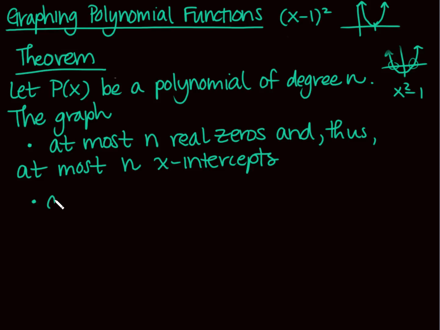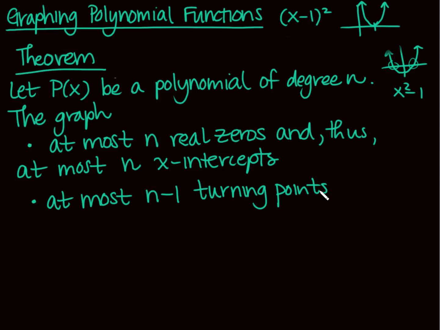And then the other thing this theorem says is that we have at most n minus 1 turning points. I'm not going to spend a whole lot of time on that, but a turning point is where a relative max or min occurs.